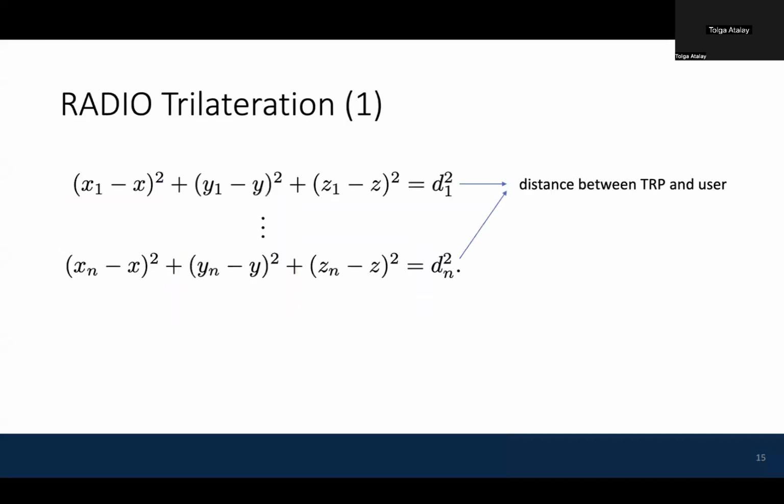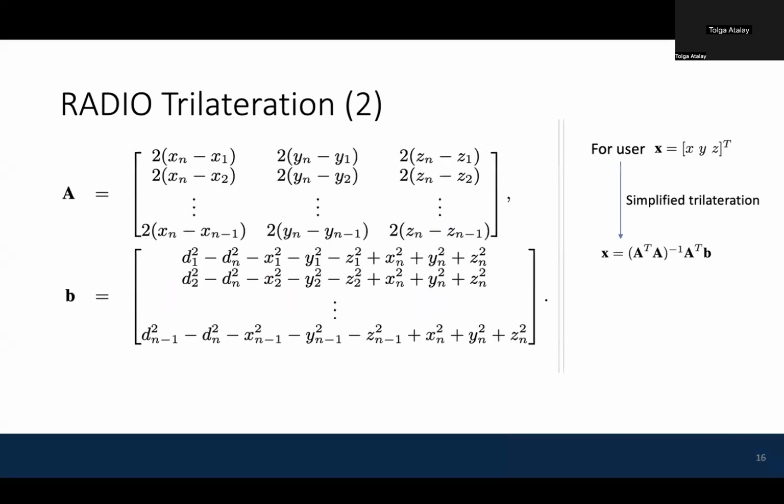For this, we use trilateration, the first step of which is to calculate the distance between each TRP and the user. Once we have done that, using simplification, it is possible to express this trilateration in matrix notation, which makes the computations easier when we want to feed them into the DRL framework.